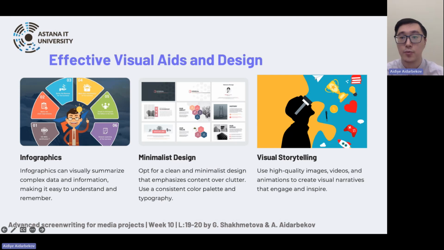Through infographics, for sure. They can visually summarize complex data and information, making it easy to understand and remember. So even when you're defending some projects, you need to include some data, not only with text and charts, but also some infographic visualization.